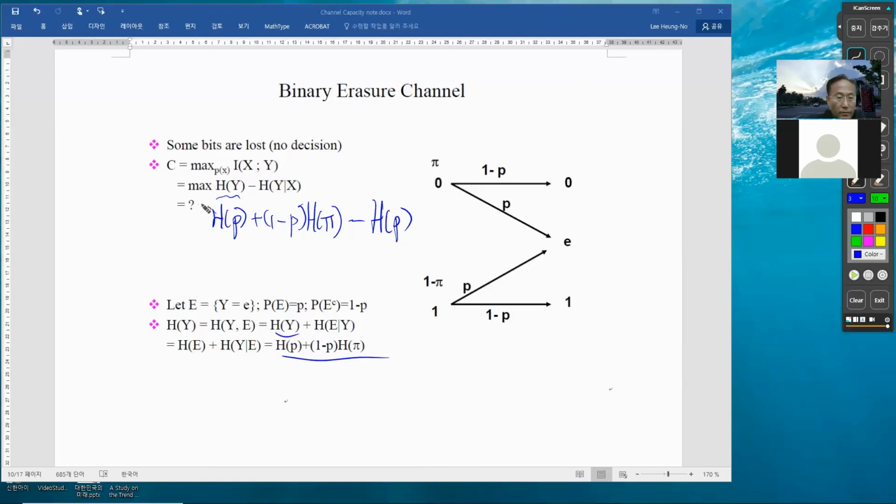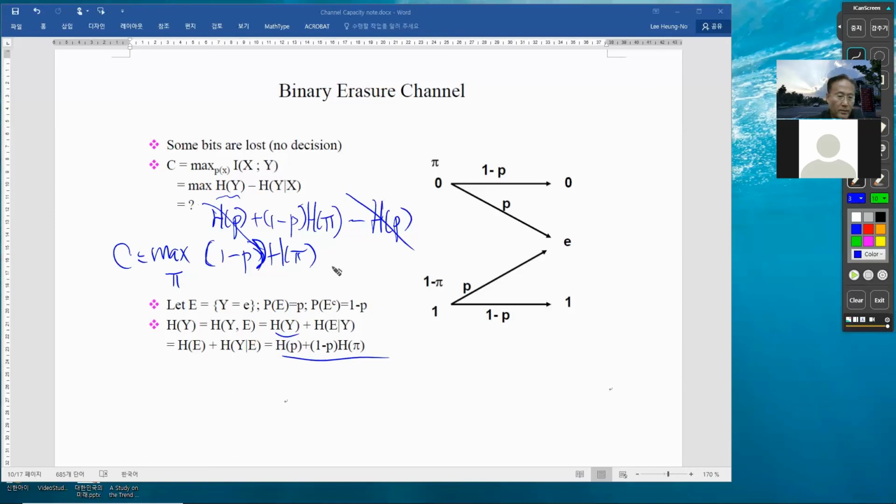So we figure out that these two cancel. What's left is (1 minus p) H(pi). That's the mutual information, and capacity is maximizing this measure with respect to pi. That's what we need to do.